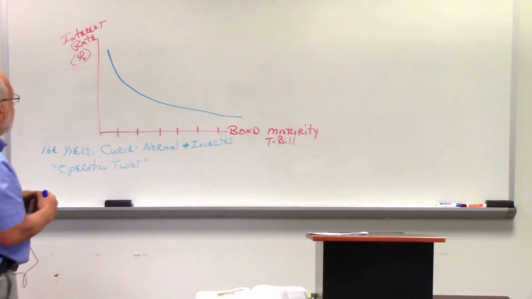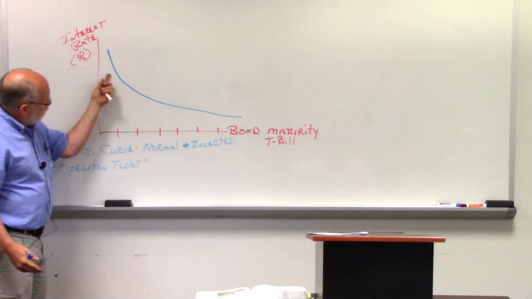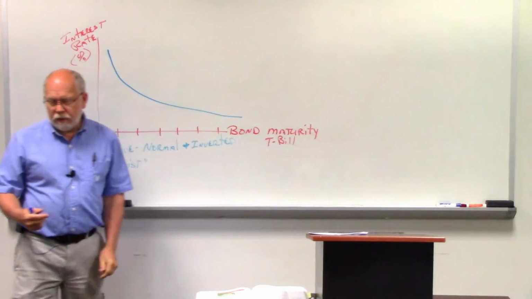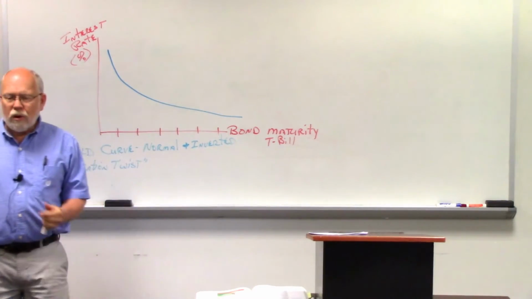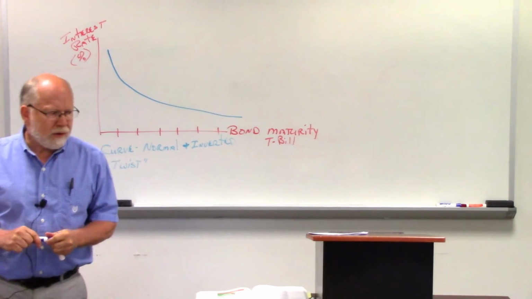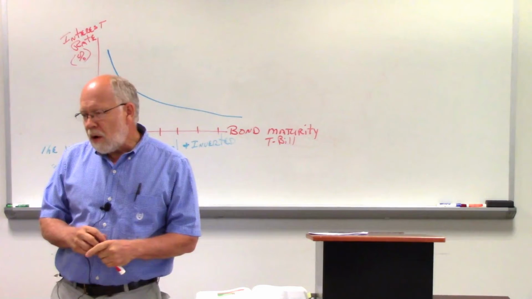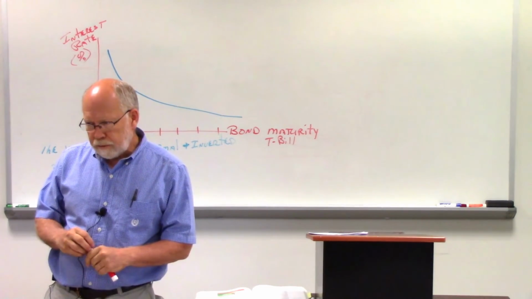And so the yield for short-term instruments is greater than for long-term instruments. In other words, people want this, they don't want that very much. So an inverted yield curve is a classic indicator that people in the market are afraid of the immediate future.